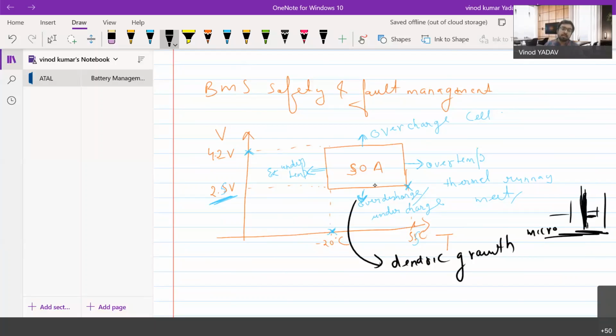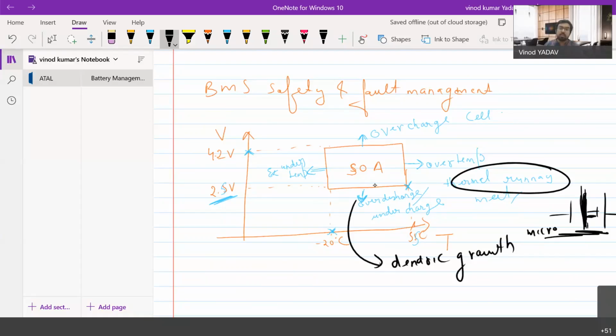If you operate under the charge condition, due to the short in the conducting path between the two plates, again overcharge current will flow, again excessive temperature will be there, and again thermal runaway will be there.